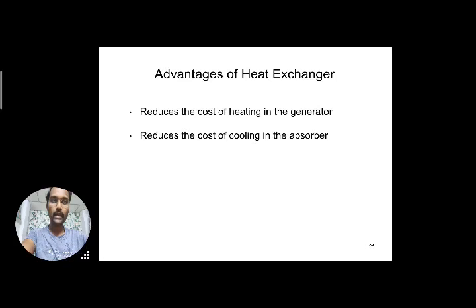The cost of cooling in the absorber also reduces; in the absorber there is a cooling circuit to cool the hot weak solution, so the cost of cooling can also be reduced. That is done primarily in the heat exchanger. And overall, it improves the overall efficiency of the system.